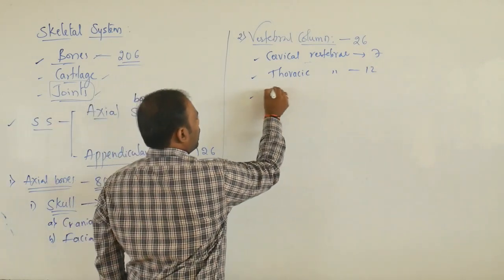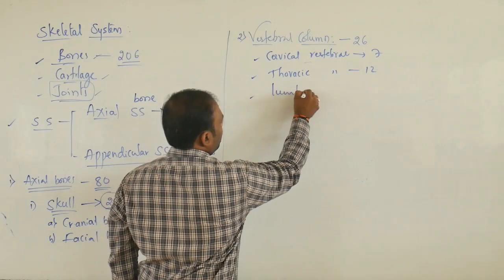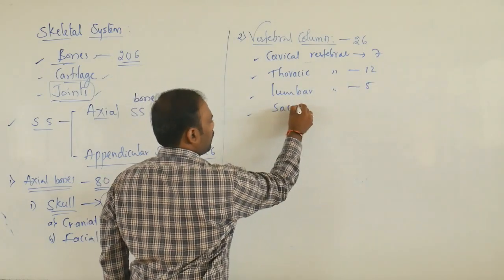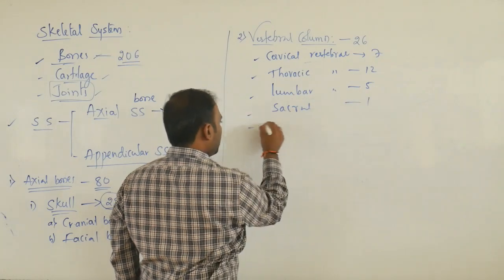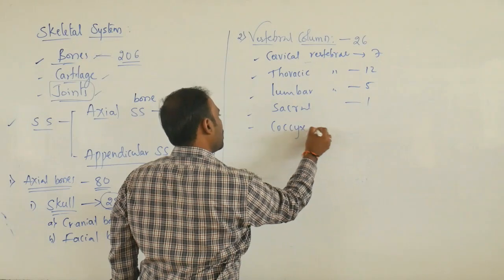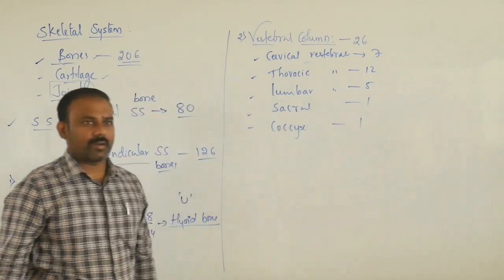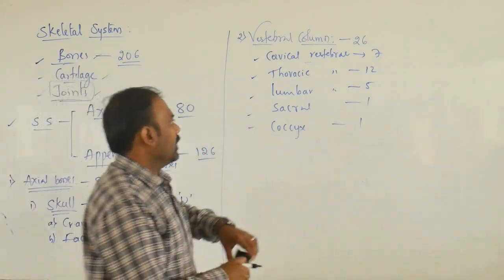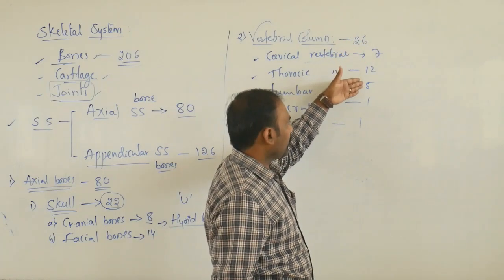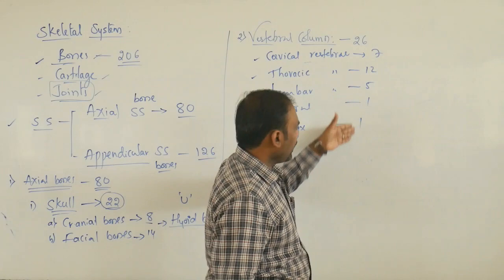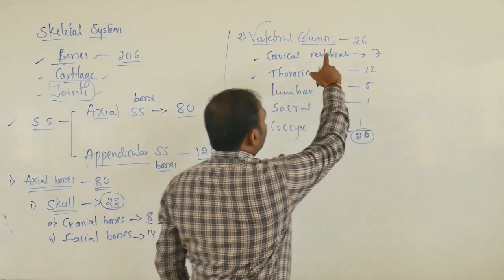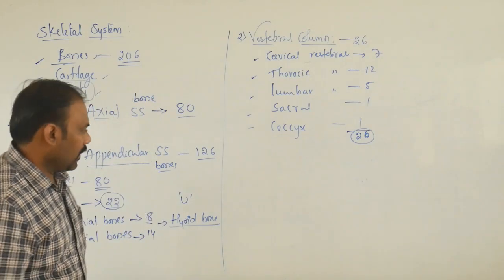And third one, lumbar vertebrae 5, sacral vertebrae 1, coccyx 1, or coccygeal bone, that is 1. 7 plus 12, 19, 19 plus 5, 24, 25, 26, altogether 26. They are considered as vertebral column.